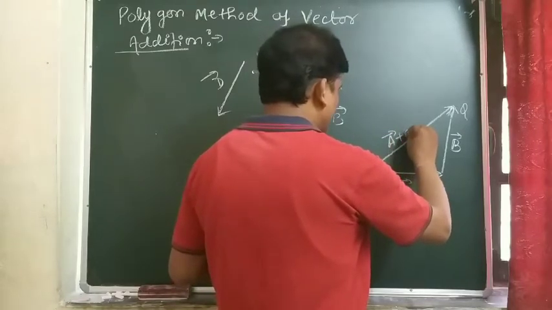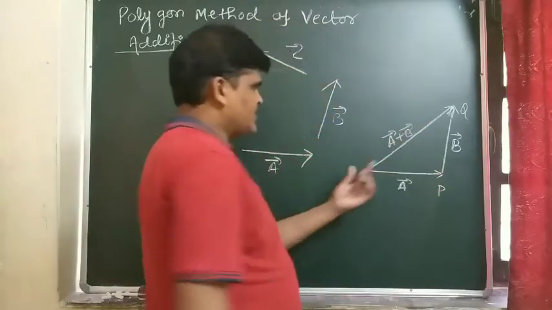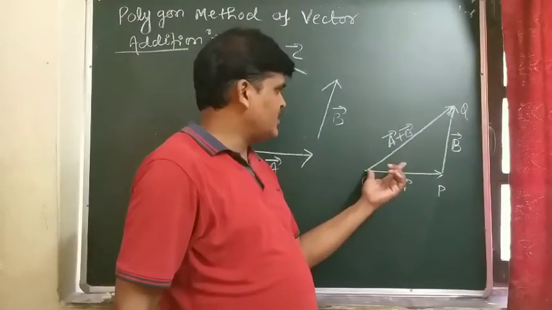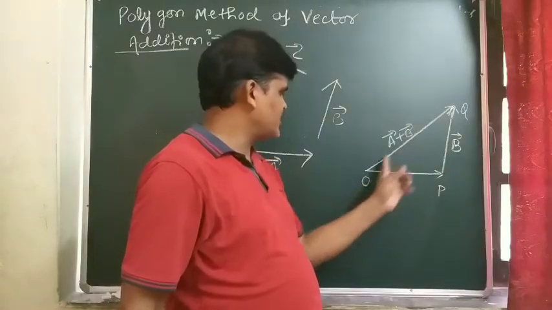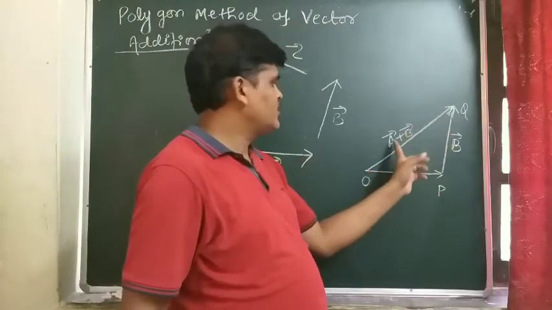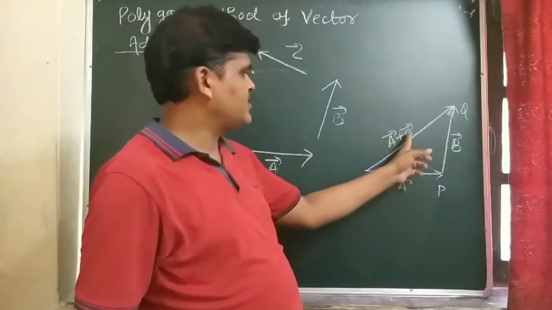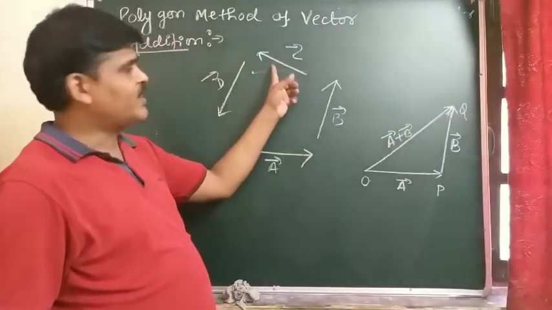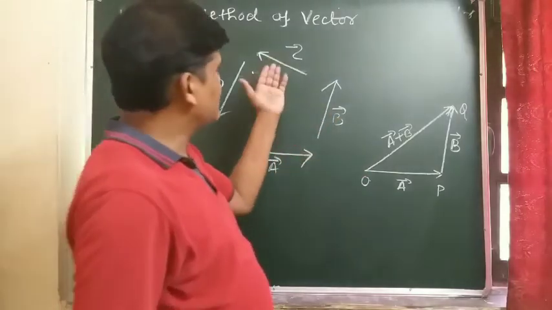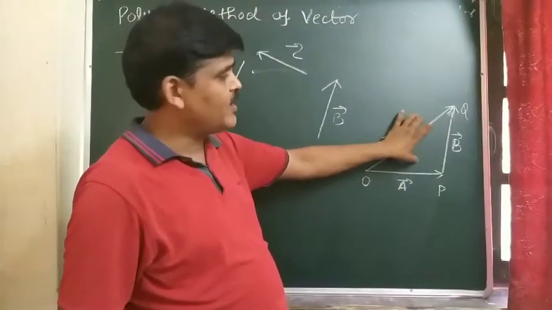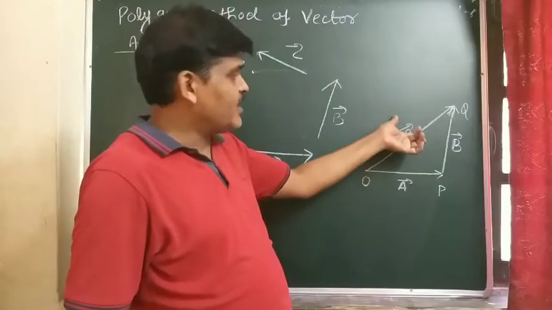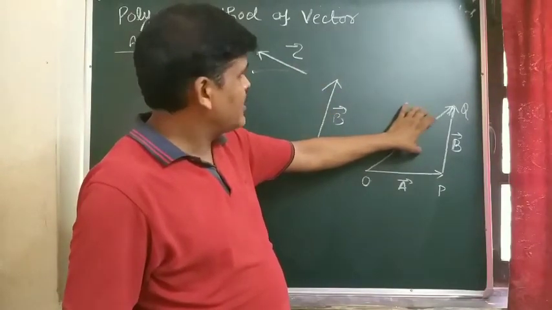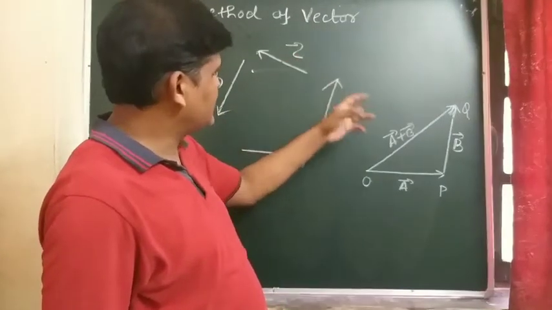So the resultant of vector A and vector B is shown by the side of the triangle OPQ, that is the OQ vector. So the OQ vector is vector A plus vector B. Now we have to add the third vector C. So for the new vector, this resultant vector is a side of another triangle, and we add in the same direction.